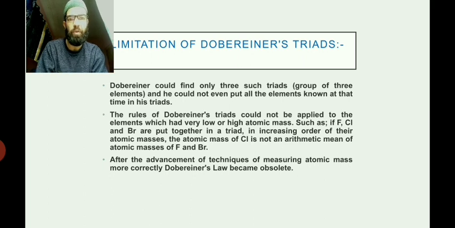For example, fluorine, chlorine, bromine are put together in a triad, but the mass of chlorine is not equal to the average of fluorine and bromine. This was the limitation. Third and last, after the advancement of techniques for measuring atomic mass more correctly, Dobereiner's law became obsolete. The atomic masses given by Dobereiner were not as accurate as we find today.